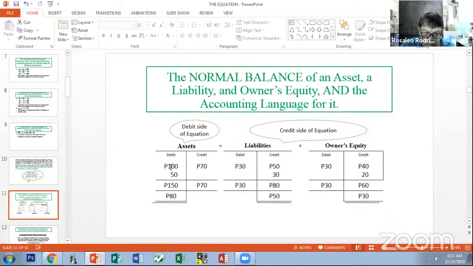So here, for example, we have 100. This could be an investment by the owner to the business. So the owner invested 100 to the business. The asset will increase. It should be recognized as a debit to increase such asset.